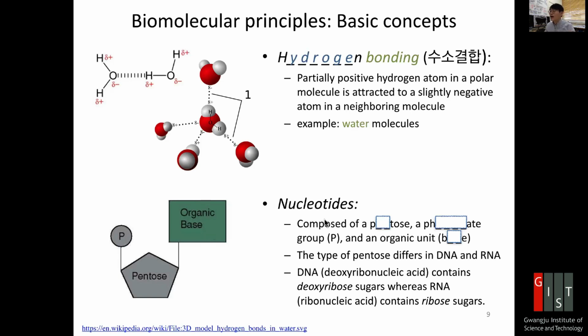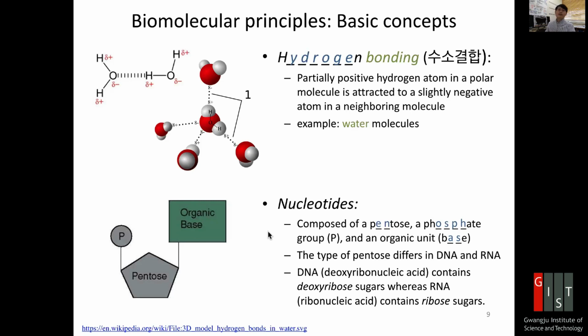So a nucleotide is composed of a pentose, a 5-carbon sugar molecule with carbons 1, 2, 3, 4, 5, and one phosphate group represented as a P, and an organic base. This organic base actually makes each subunit of DNA and RNA.